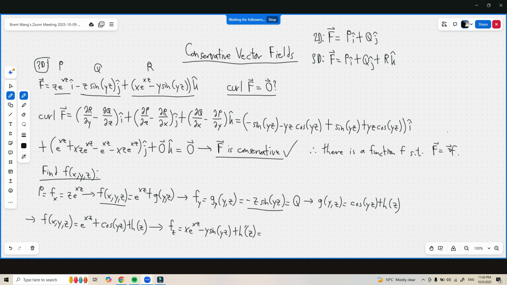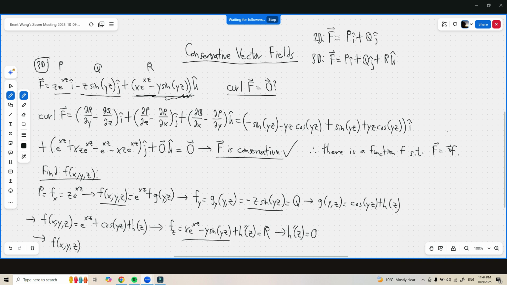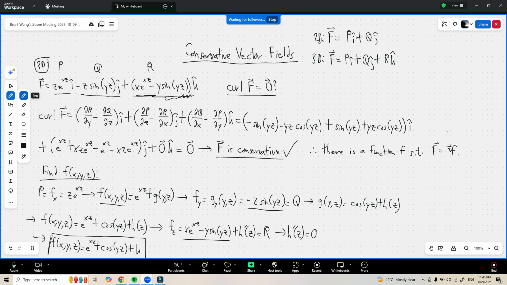F differentiated with respect to z is equal to R. So when you compare this with this right here, you get that h prime of z is equal to 0. So this means that f of x, y, z is equal to e to the xz plus cos yz plus k. I'm going to just write this function on the side.